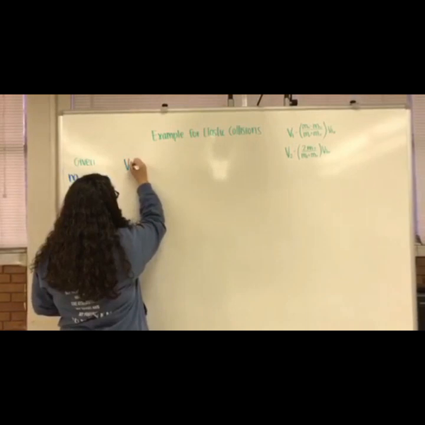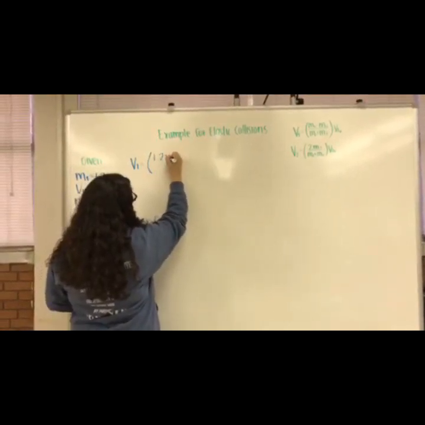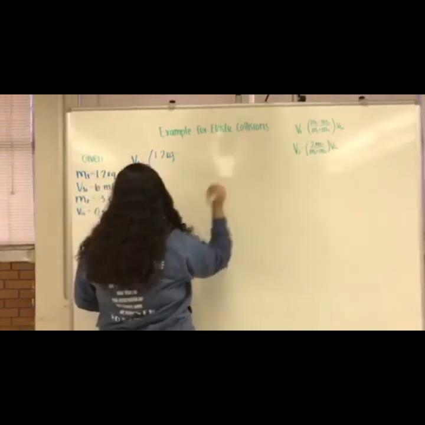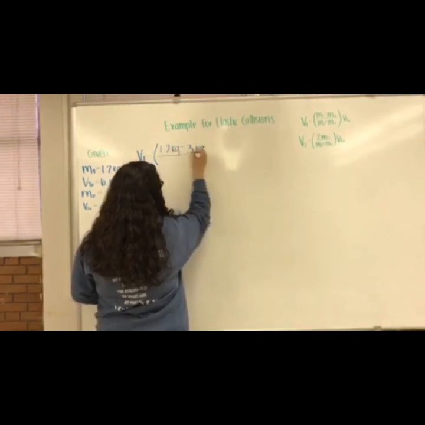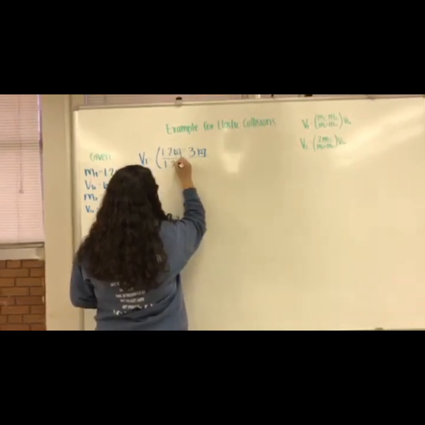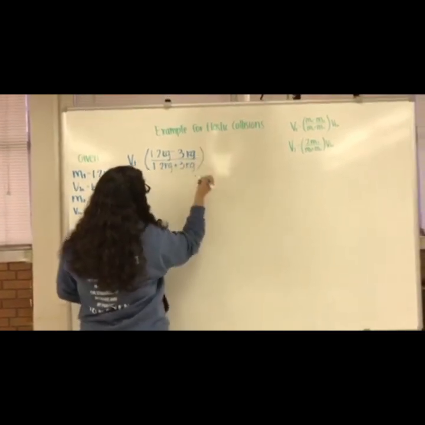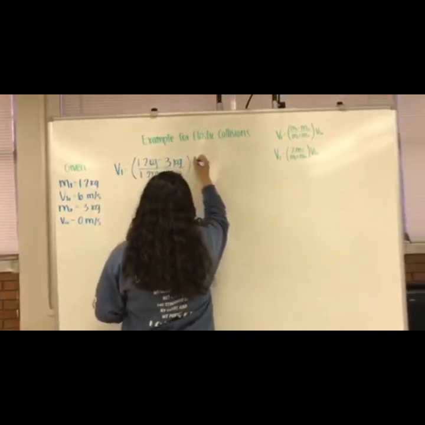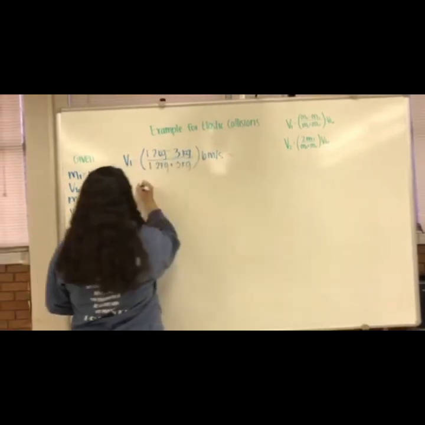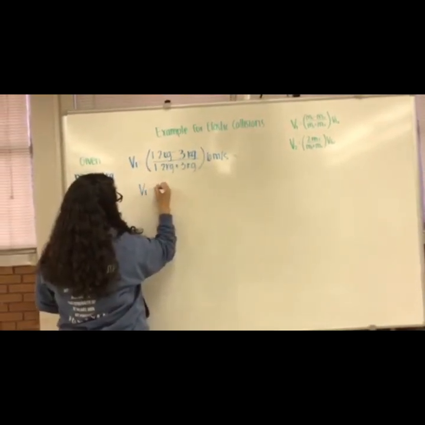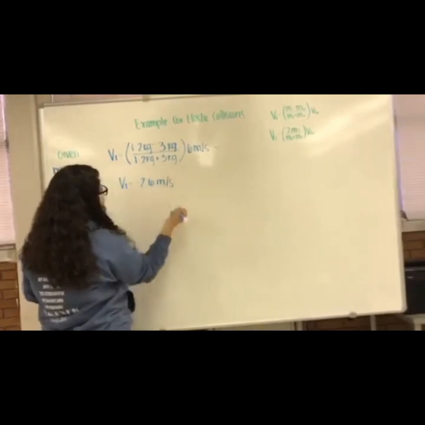For v1, we have mass 1, which is 1.2 kilograms, minus mass 2, which is 3 kilograms, over the same thing but added, times v1 naught, which is 6 meters per second. We get negative 2.6 meters per second for v1.